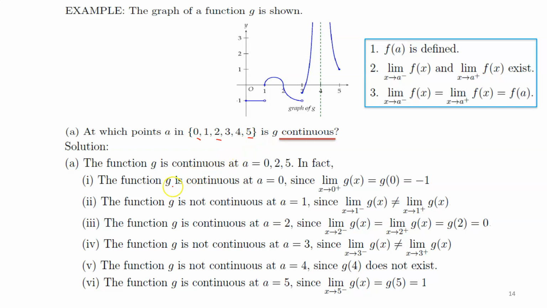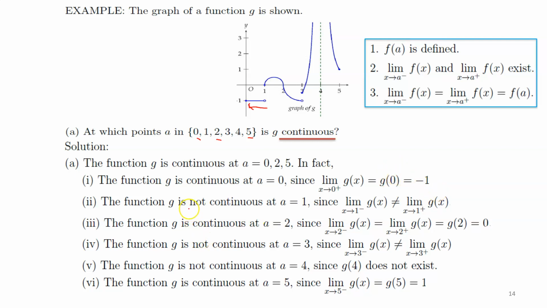It's because the function g is continuous at 0 since bila kita tengok limit of g(x), the limit of the function from the right, daripada sebelah kanan is this one. Check the curve. Curve mana yang dari sebelah kanan yang menghampiri 0? This one. So this is actually equal to negative 1, which is also equal to g(0).